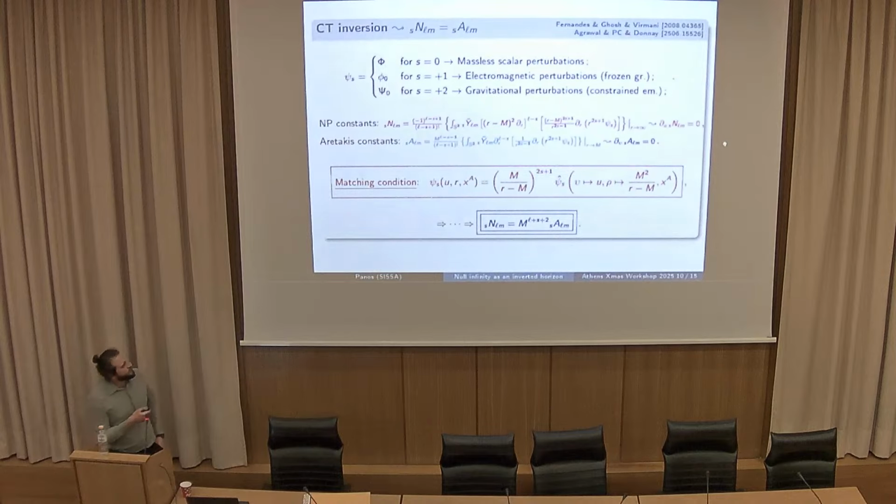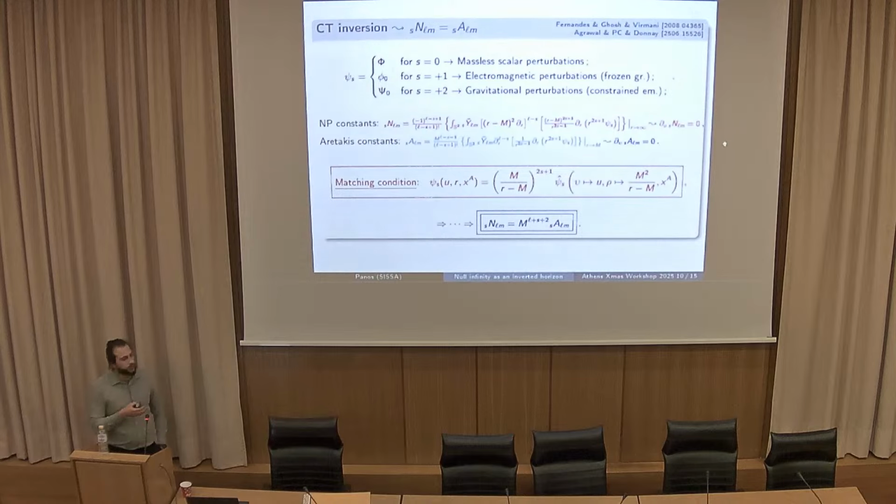Just for completeness, let me mention that we were able to generalize this procedure to all types of spin-weighted probe fields. This psi S here captures probe fields labeled by this spin-weight S. When S is equal to +1, this describes electromagnetic probe fields, and when S is equal to +2, it describes gravitational probe fields in the background of the extremal Reissner-Nordström black hole.